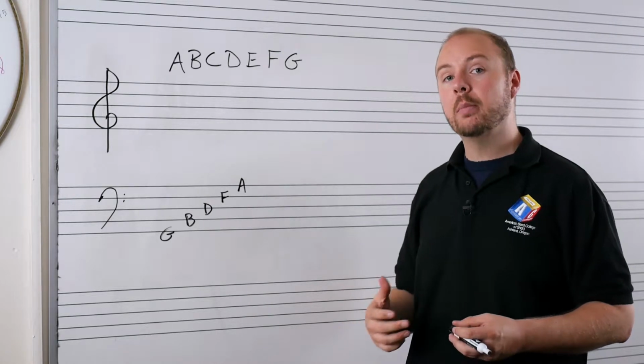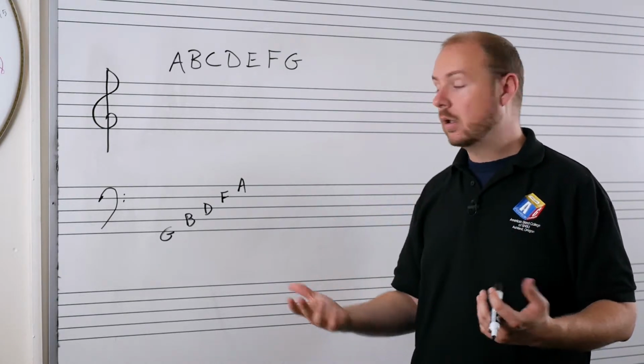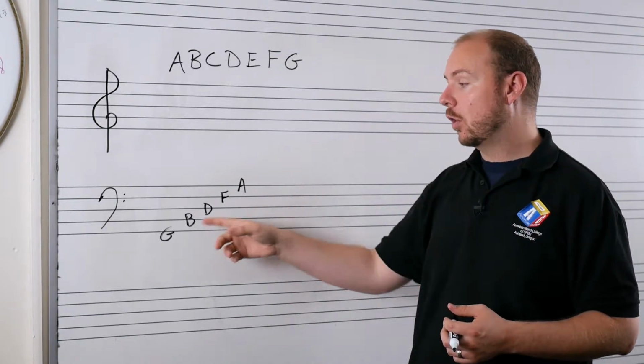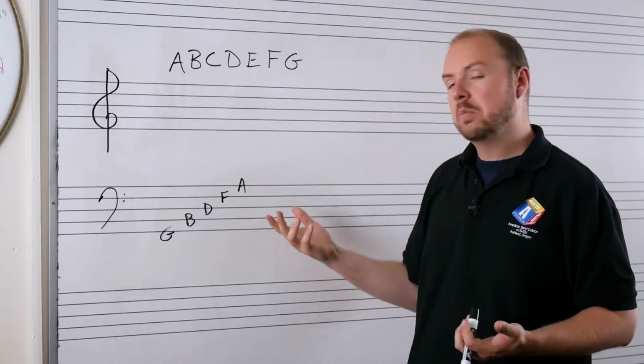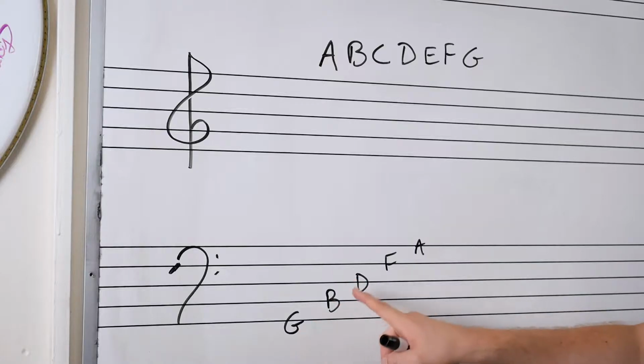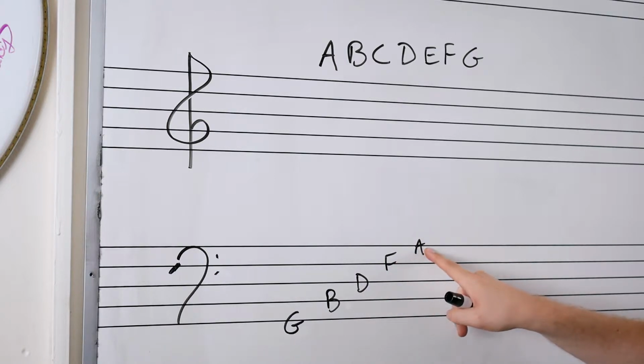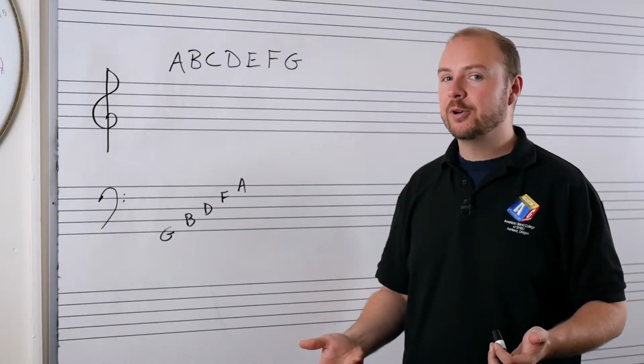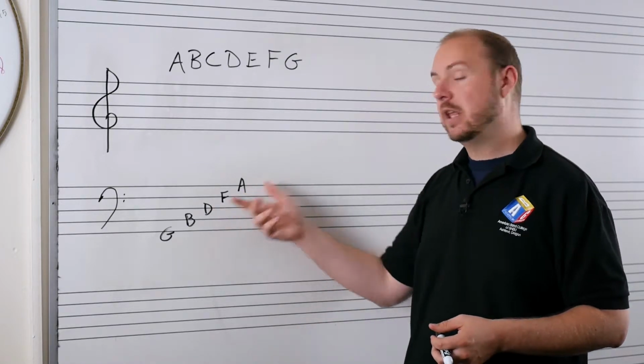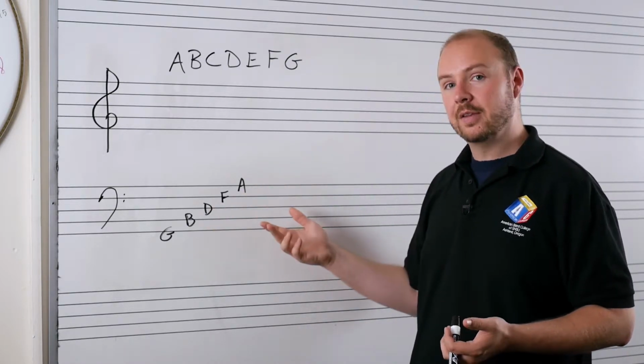It's always good to come up with a saying to help you associate the order of those lines. Like this: good, bands, do, fantastically, awesome. You can come up with your own saying to help you remember the order of those lines.